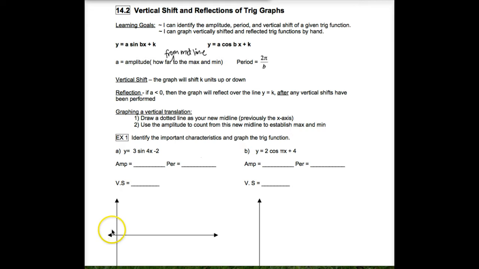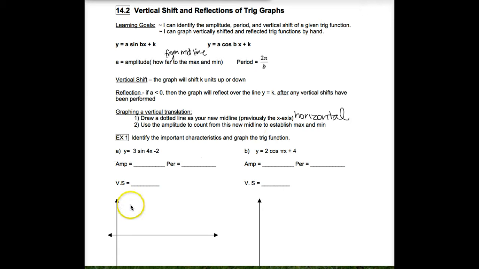So we are now going to shift that up or down, and we will draw our horizontal midline as dotted. Remember that this midline is going to be horizontal for sine and cosine. Then we're going to use our amplitude to count from this new midline to establish our maximum and our minimum.